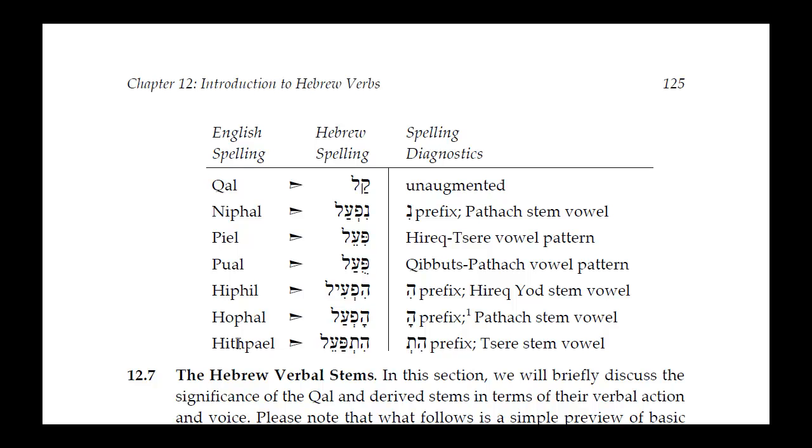So just in the name itself, Hithpael tells you the diagnostics of it. So just by knowing the names of the different stems, you get an understanding of the diagnostic indicators, the stem vowels, and the vocalization of that perfect third masculine singular.